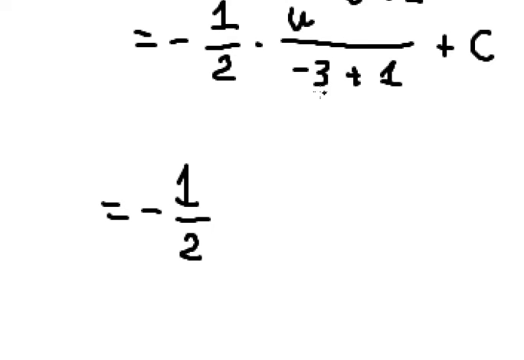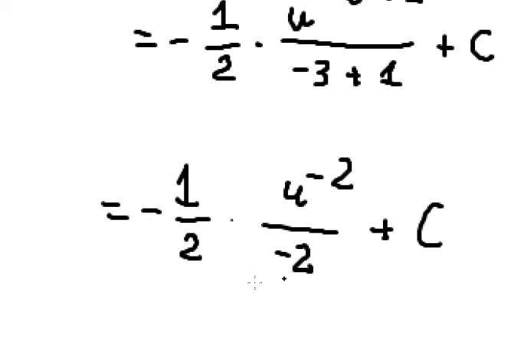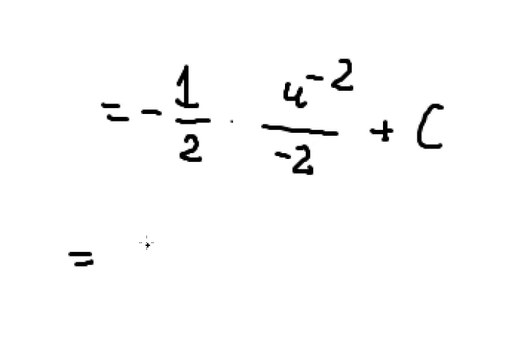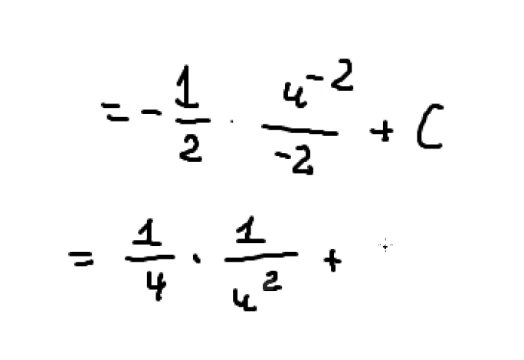So negative number 3 plus 1, we have negative number 2. This one we have negative number 2. Negative number 2 times negative number 2, we have positive number 4. I will put 1 over u squared in here.